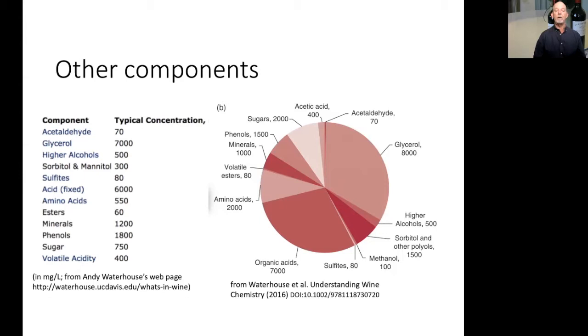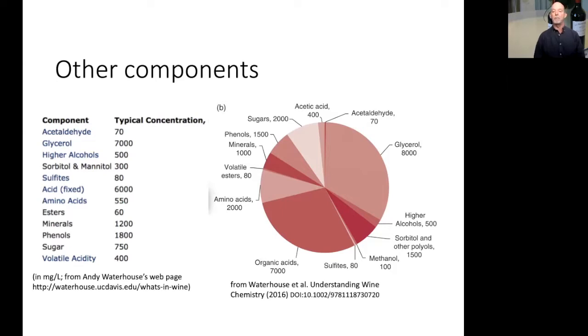We have about 500 milligrams per liter of higher alcohol, 300 of sorbitol and mannitol, about 80 of sulfites, about 6,000 milligrams per liter of acids, amino acids, which are different from the acids we were just referring to, or the organic acids, 60 milligrams of esters, 1,200 milligrams of minerals, 1,800 milligrams of phenols, 750 milligrams of sugar, and 400 milligrams of volatile acidity. Of course, these are average measurements for an average wine.